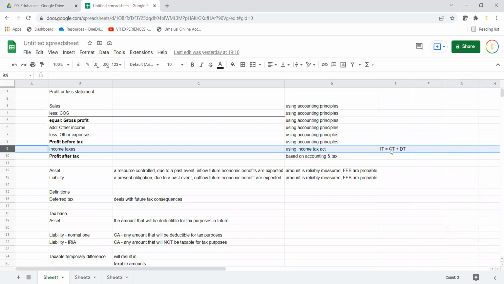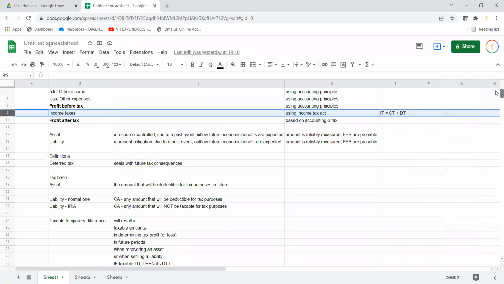So in this case, it would be the Income Tax Act. Okay, so remember there's different tax acts: income tax, VAT, I don't know what else. Estate duty, transfer pricing, customs, all of those types of things. Okay, so just take note of that.